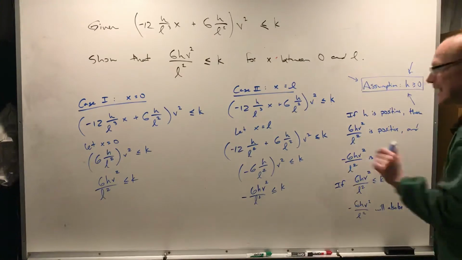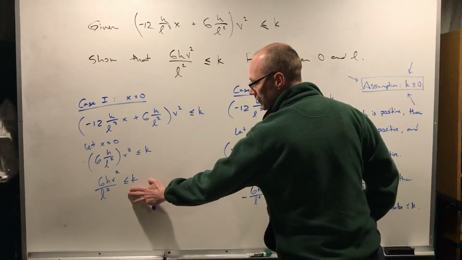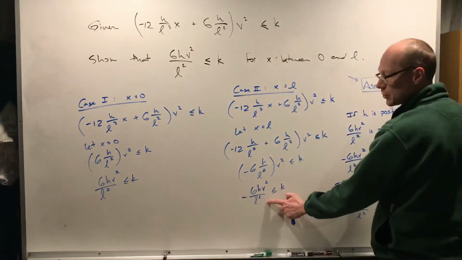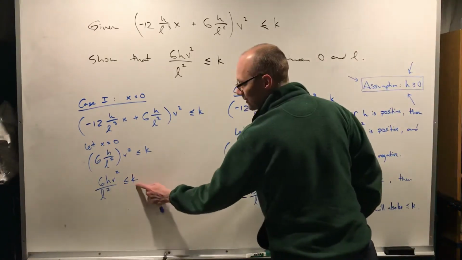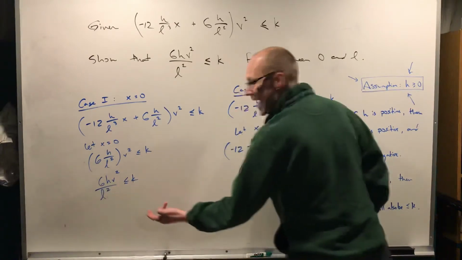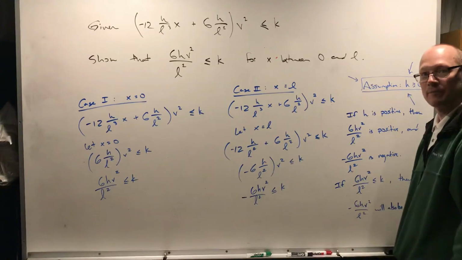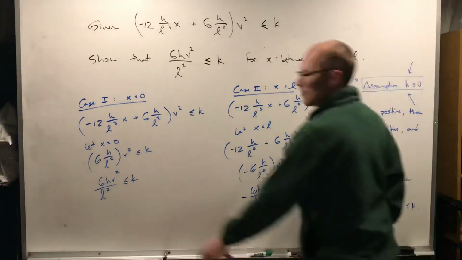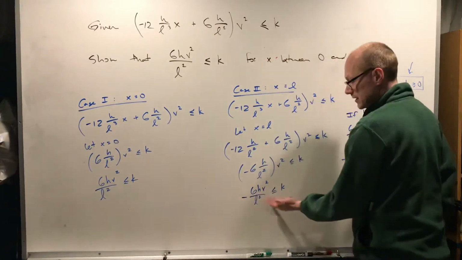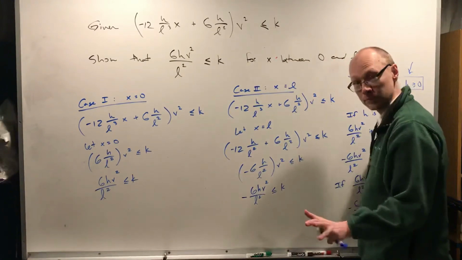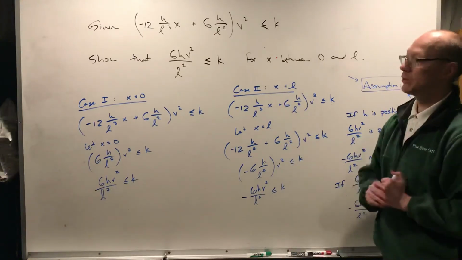So if this right here is true, then this is also going to be true, because if a positive number is less than or equal to k, then its opposite is also going to be less than or equal to k. If 8 is less than or equal to 10, then negative 8 is also going to be less than or equal to 10. Good?